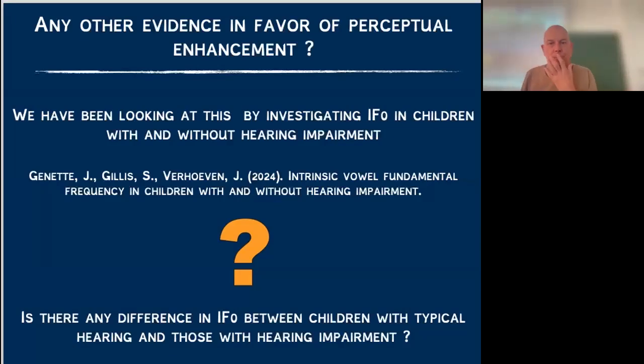And that would potentially shed some light on this particular issue and might potentially also have clinical implications at some level. So the central research question is really, is there any difference in IF0 between children with typical hearing and those with hearing impairment? And that's what we set out to do.